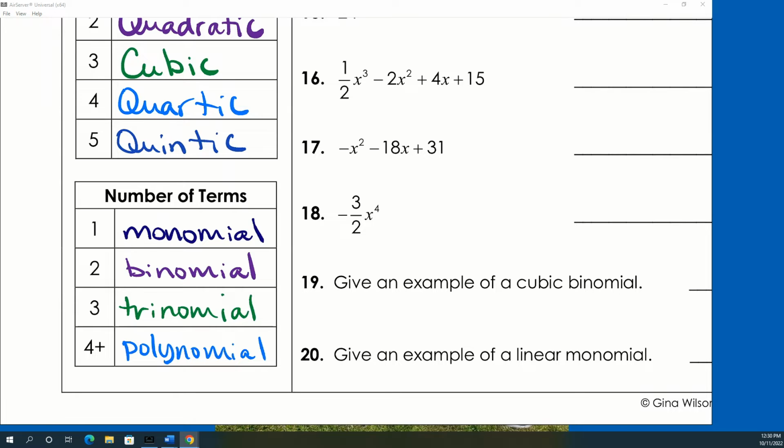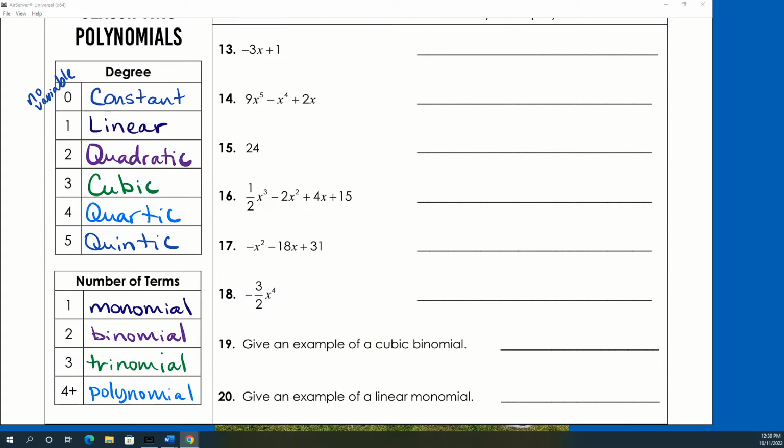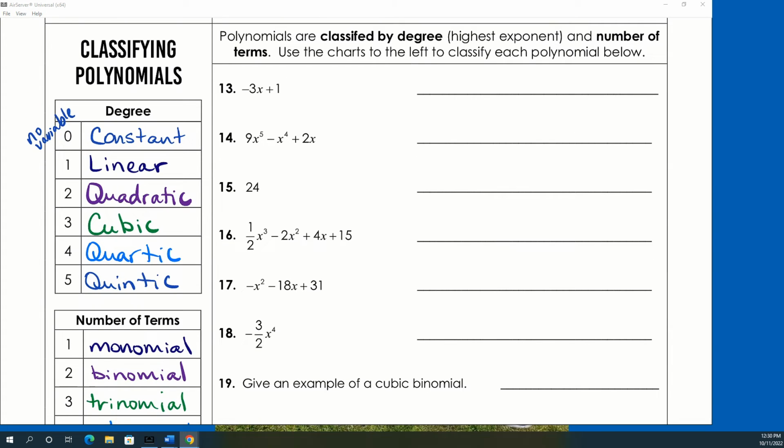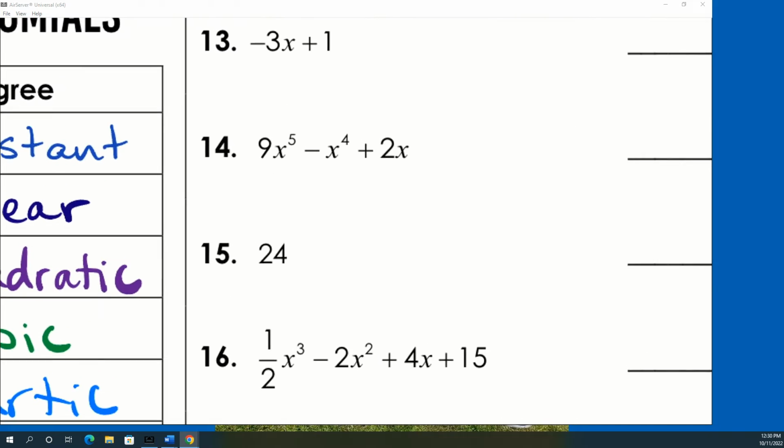All right, so we are going to go through 13 through 18, and we're going to classify them by the degree, so one of these words, and then by the number of terms, so one of these words. All right, so what do you guys think about number 13? Oh, okay. I want to talk about this.